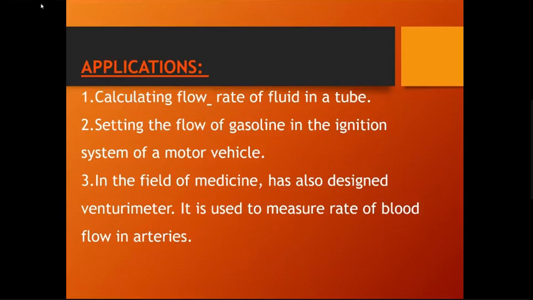In the field of medicine, it is used to measure the rate of blood flow in arteries, and also where high pressure recovery is required. And it is widely used in large diameter pipes such as those found in waste treatment plant processes. And these are the basic applications of the Venturimeter.